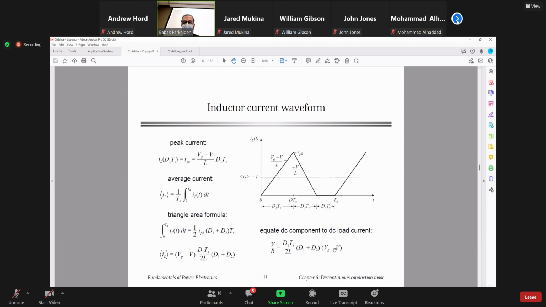So that equation is this. The average value is the load current, V over R. The base is D1 plus D2.